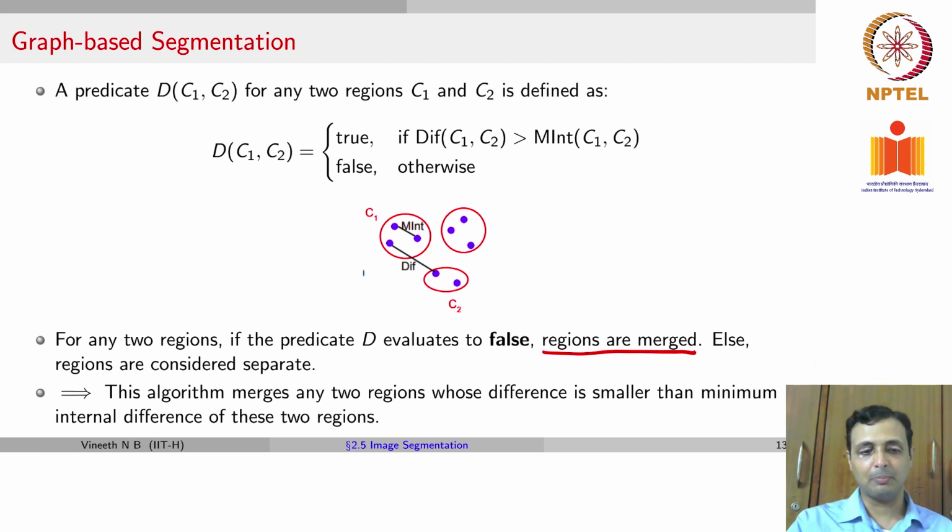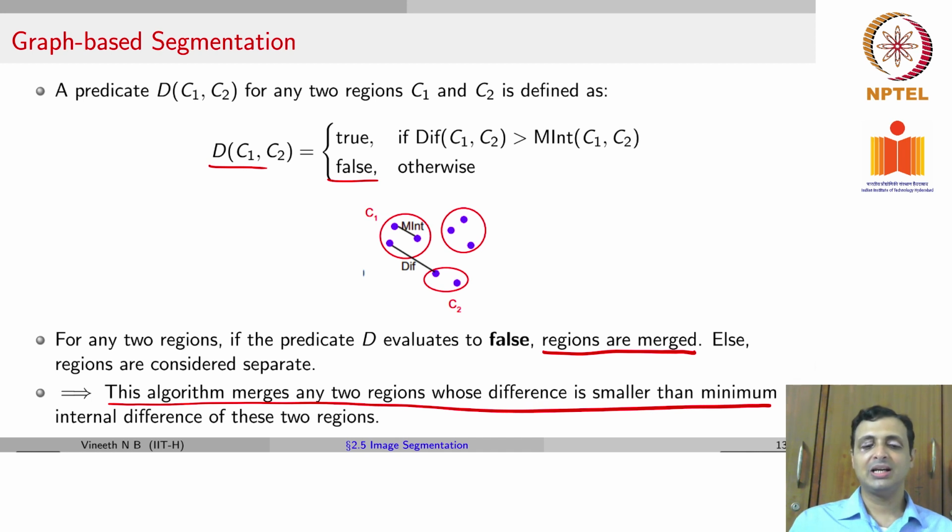Which means if this predicate turns out to be false, you know that diff is equal to or lesser than the minimum internal difference, which means C2 is as close to C1 as the farthest separated pixels in C1. So you may as well merge C1 and C2. That's the main idea with this particular method. To summarize, this algorithm merges any two regions whose difference is smaller than the minimum internal difference of these two regions.